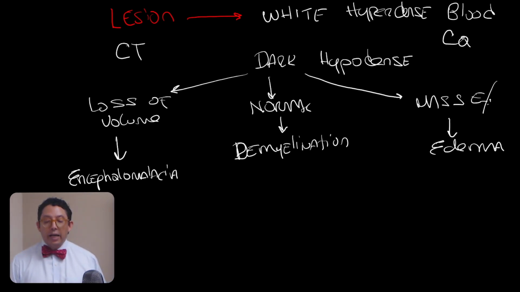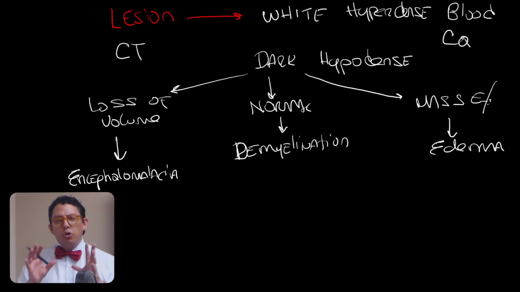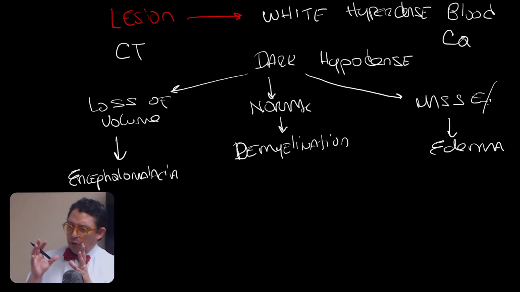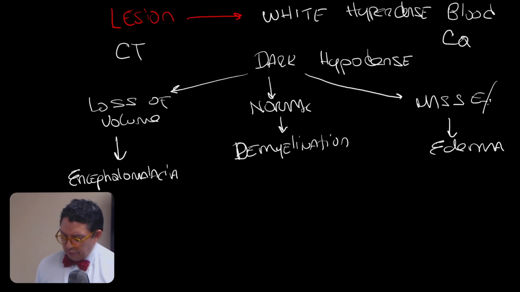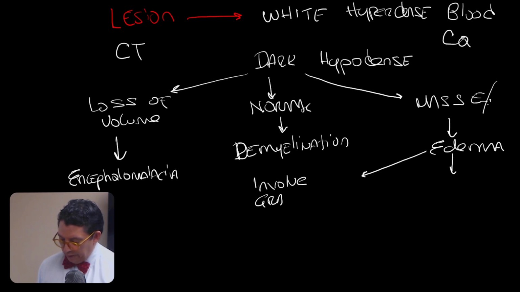See, when you see mass effect, you have edema, and there are two very important types of focal edema that are dark in the brain that you need to check. First you have to ask the question: does it include or involve the gray and the white matter?